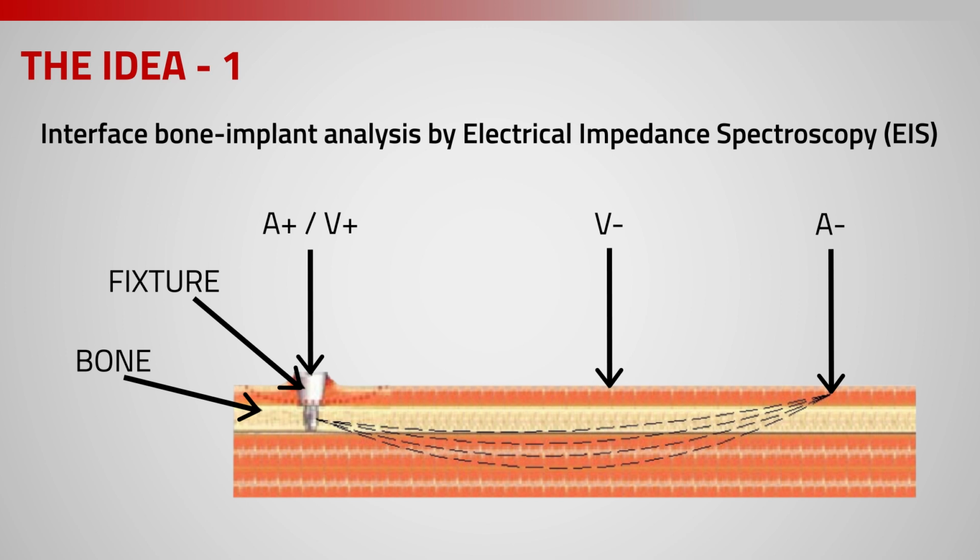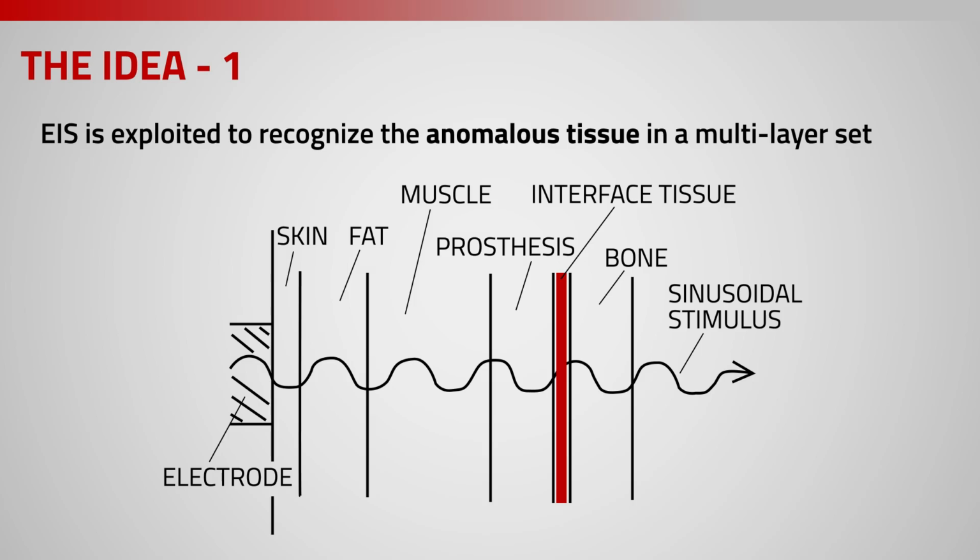You can see also here what happens when the current applied by the electrode passes through the multi-layer tissue, where we have the skin, the fat, the muscle, the prosthesis, and the interface tissue, which is anomalous and undesired, before arriving at the bone.